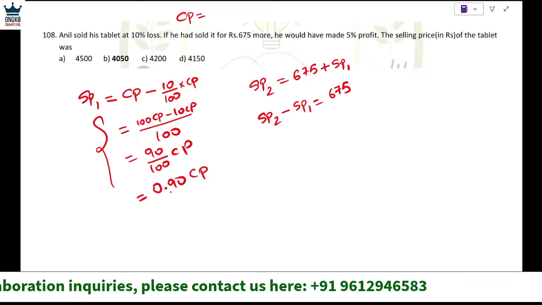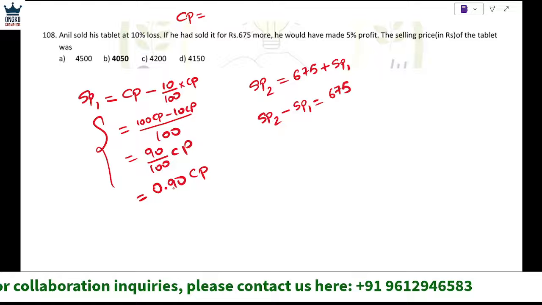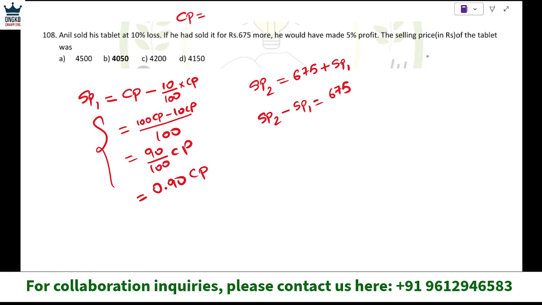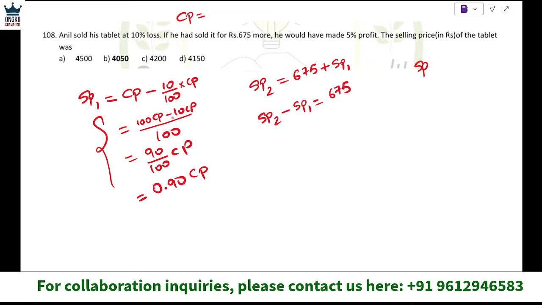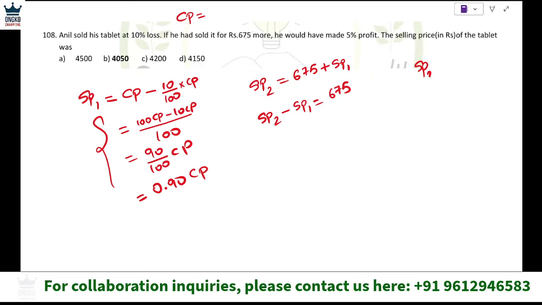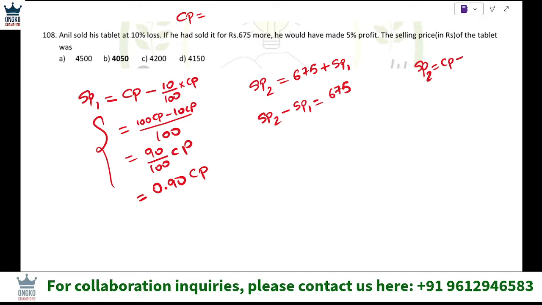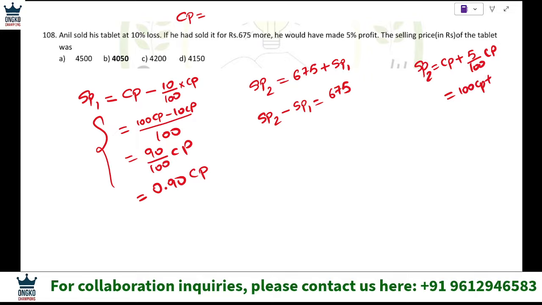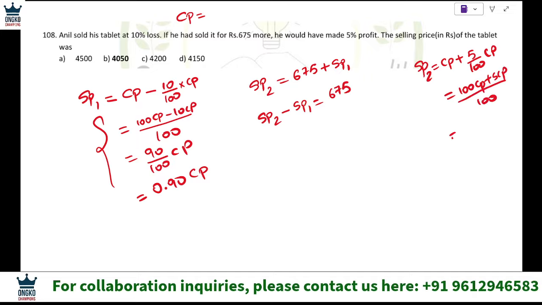So here, see, selling price, if we follow this style, selling price is cost price plus 5% profit, that means 5 by 100 of the cost price. In the same style, we will get 100 cost price plus 5 cost price divided by 100, so this becomes 105 by 100 of the cost price.